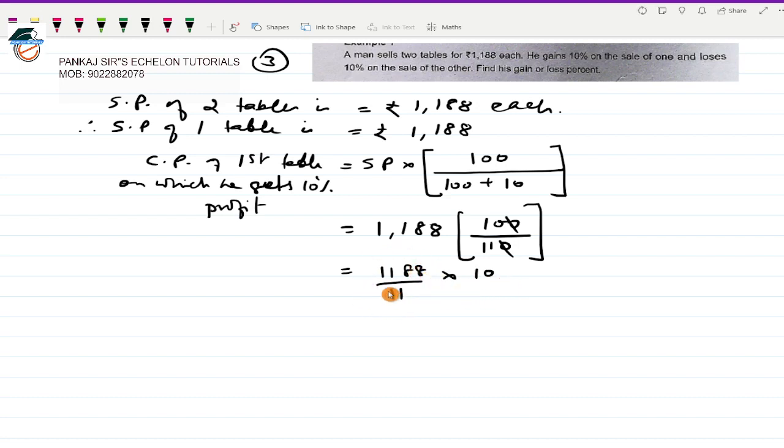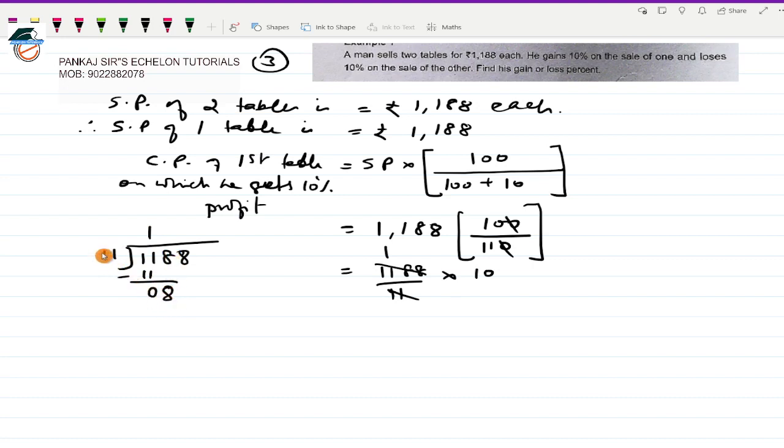Okay, that's very easy. Let me work out 1188 divided by 11. That will be pretty easy. 11 1s are 11, 0. Then I'll put down 8.